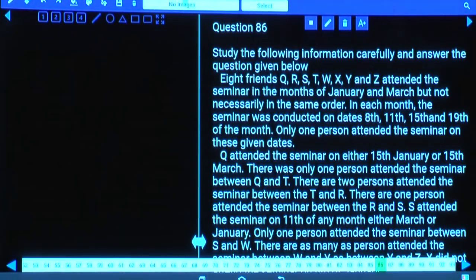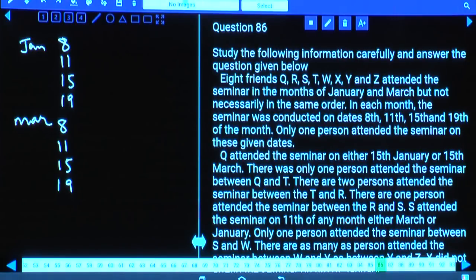Now let us start from this one. Jan. How many dates are there in this Jan? 8, 11 and what is the other? 15, 19. Jan 8, 11, 15, 19. And what is the next month here? And in the month of March also 8, 11, 15, 19.